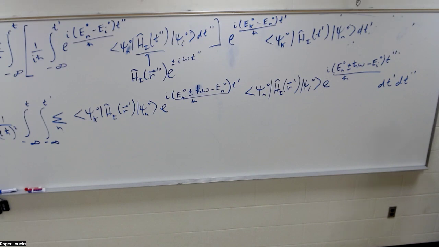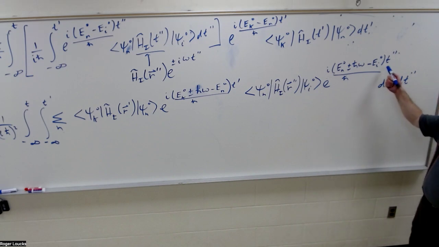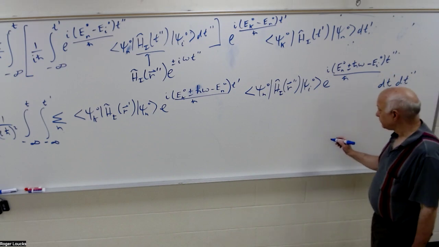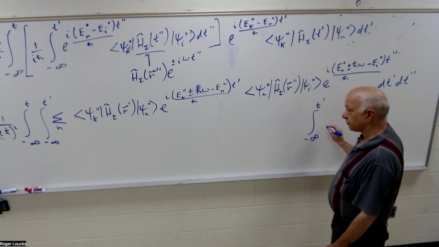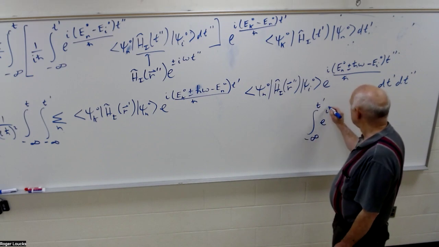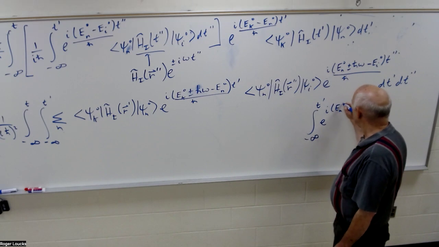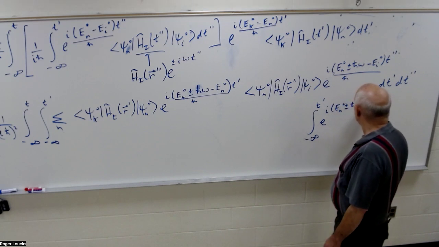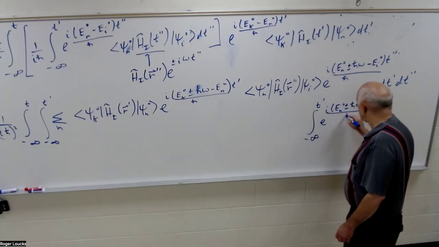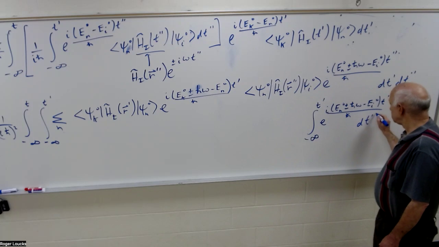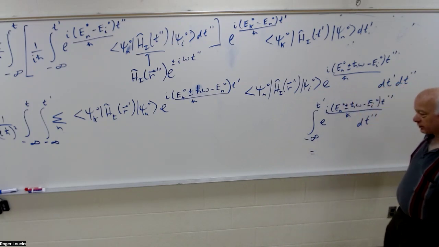Okay. So I can actually do, let's look at the t double prime integral here. If you look at the t double prime integral, I have this guy. That one goes from here. Okay, what does that equal here?